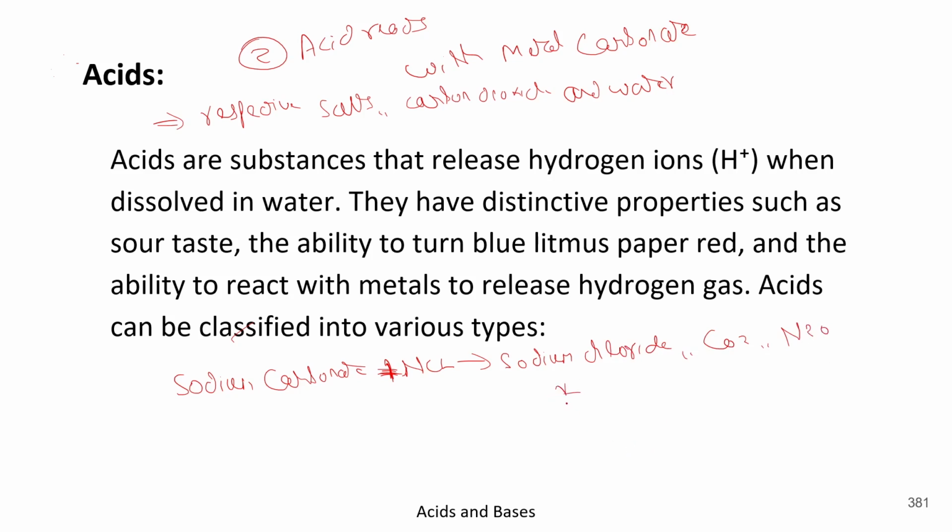Sodium chloride is a salt, CO2 is carbon dioxide, and H2O is water. So if acid reacts with the metal carbonate, these will be the products: respective salt, carbon dioxide, and water.